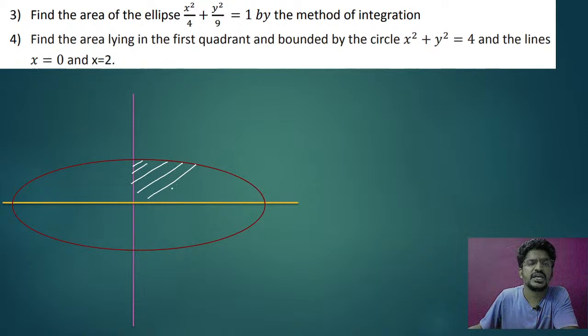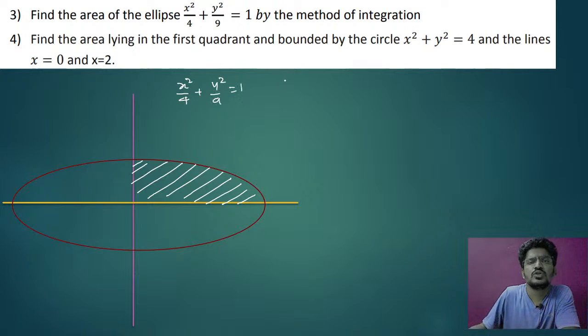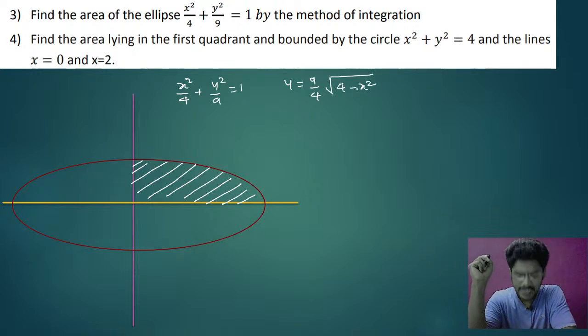So you just see it. You have to calculate the area here. The given equation is x square by 4 plus y square by 9 equal to 1. So now y will be equal to 9 by 4 root of 4 minus x square.